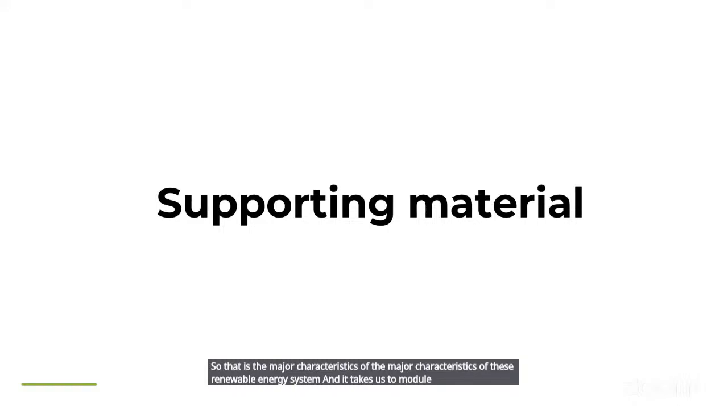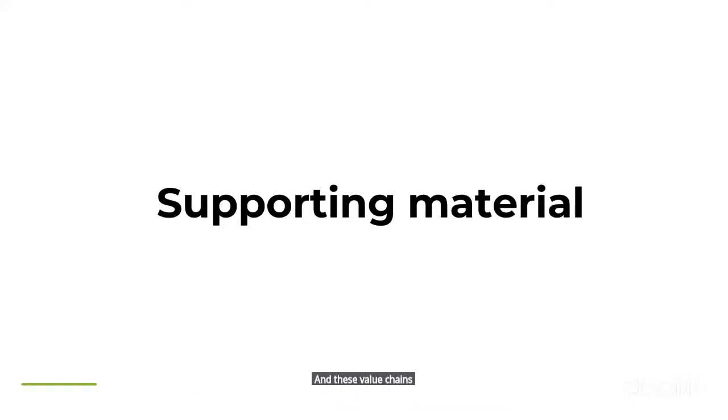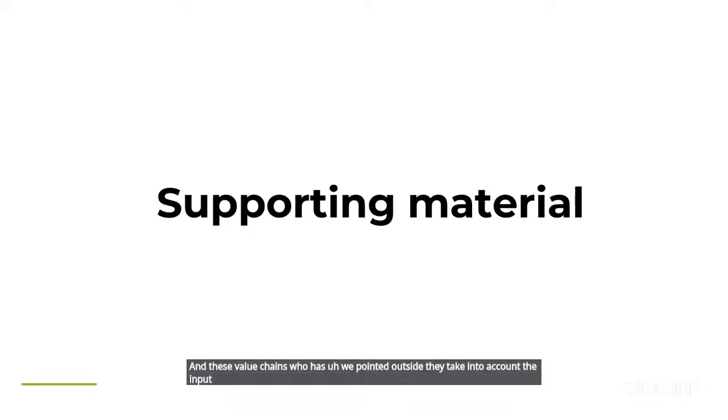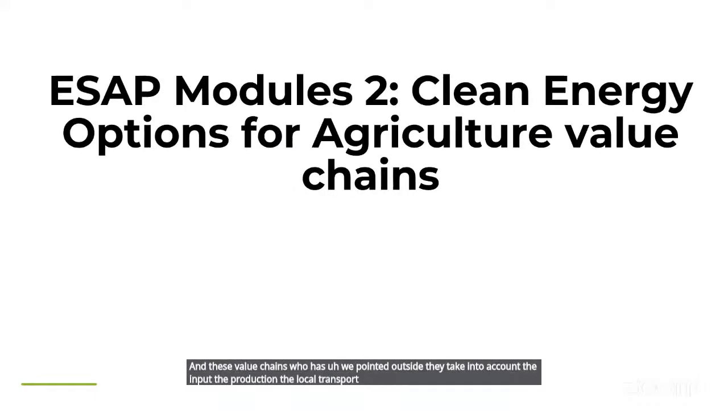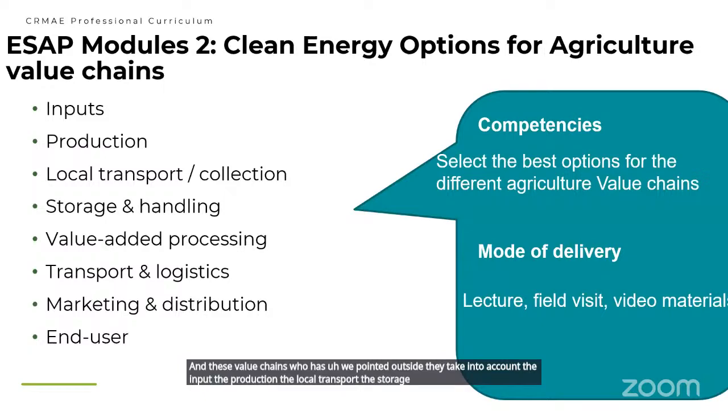Module 2 is about clean energy options for agriculture value chains. And these value chains, as we pointed out, take into account the input, the production, the local transport, the storage and handling system, the value addition processing system, and at the end of the day, we have also to consider end users.